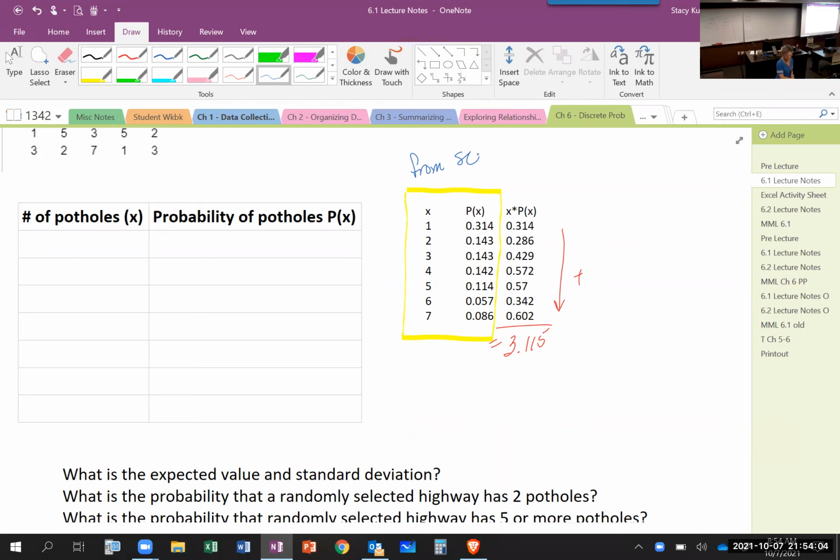Isn't the expected value like the average? Yep. So is the average number of potholes? Right? So say it in a sentence. Doing great. Would be the average number of potholes on 7 different stretches of highway? No. We got average in there though, or we would expect, right? But help her out.